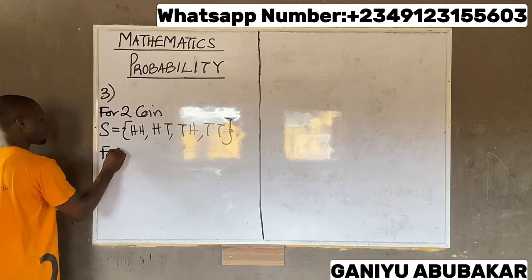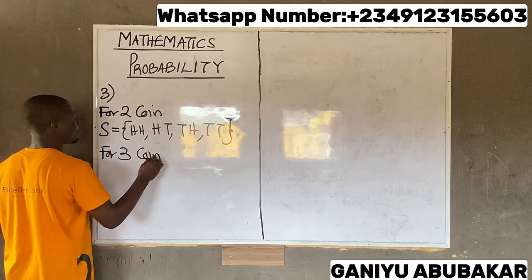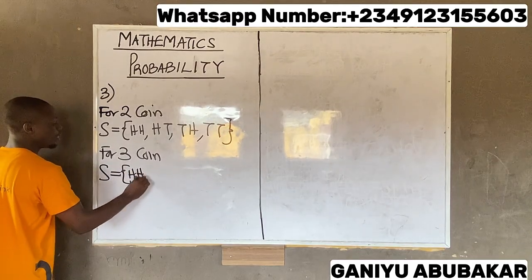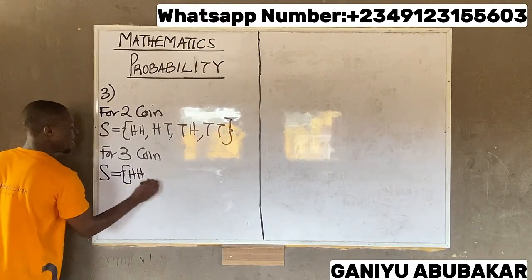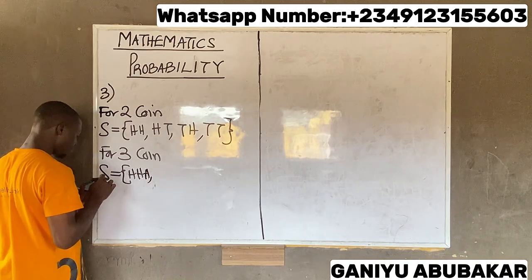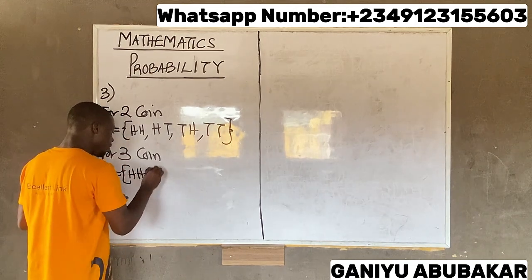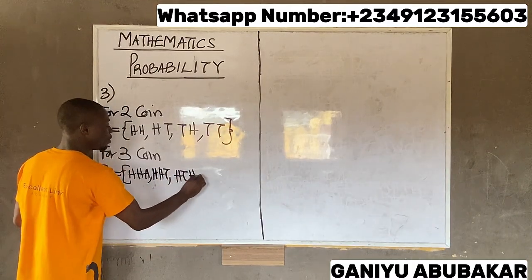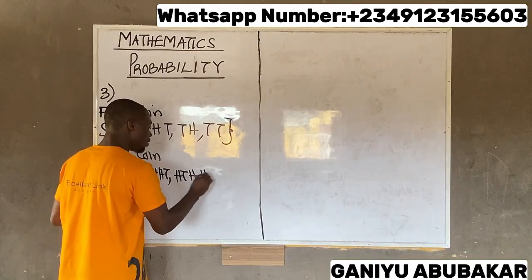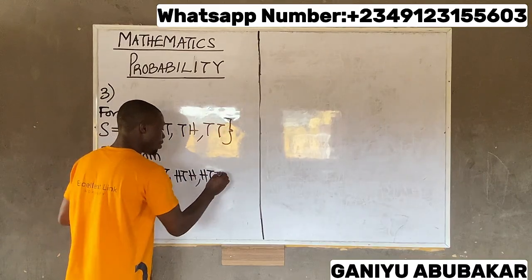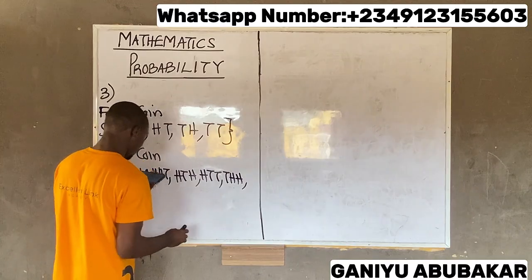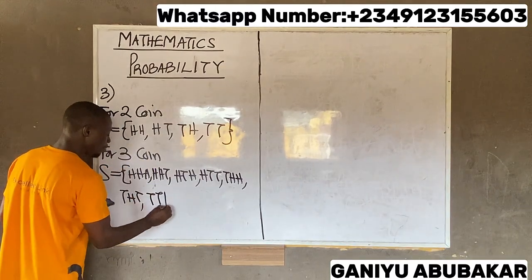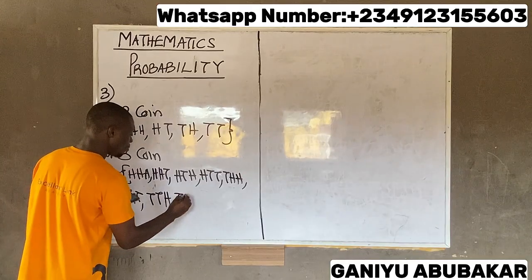For three coins, we already did this before. The sample space for three coins is: head, head, head; head, head, tail; head, tail, head; head, tail, tail; tail, head, head; tail, head, tail; tail, tail, head; tail, tail, tail.